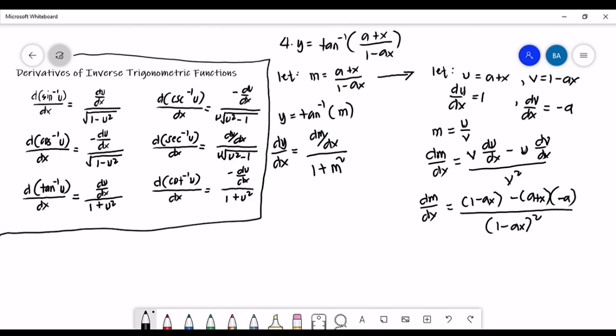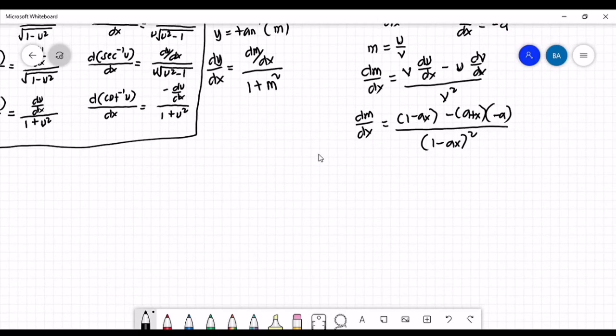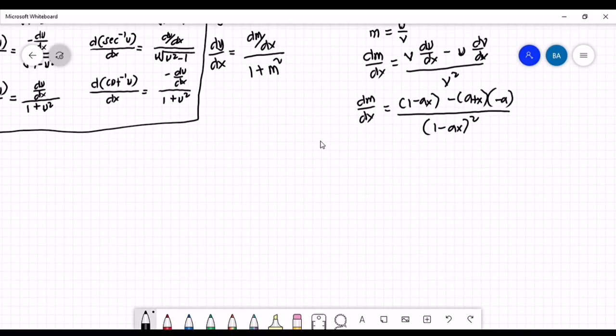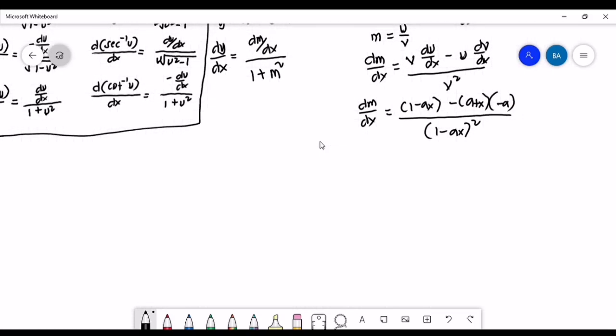So at this point, we could solve for dy/dx. Let's simplify this one first.